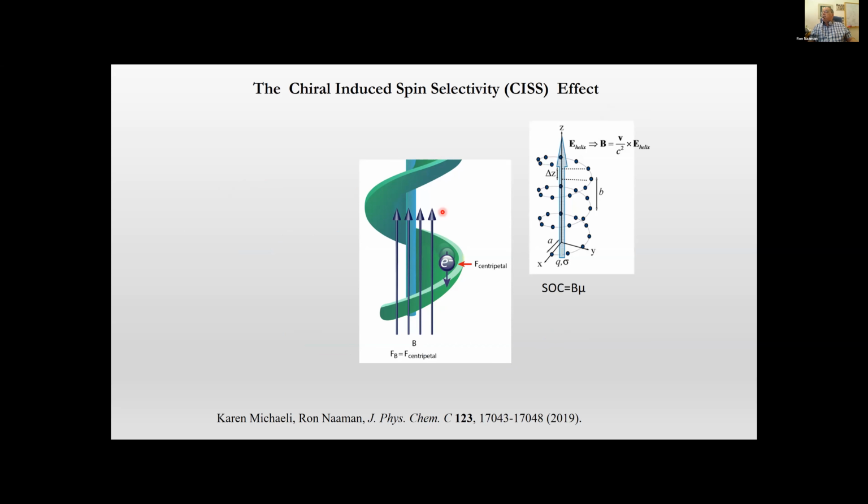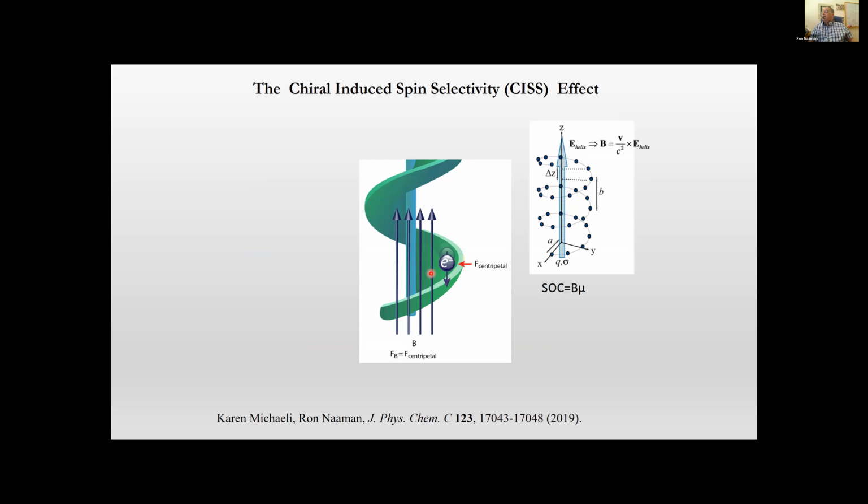And you realize that because of the curvature, there is a force acting perpendicular to the velocity of the electron. In the rest frame of the electron, this force is exactly like a magnetic field, like a Lorentz force. And therefore, one can consider in the rest frame of the electron as if the electron feels an effective magnetic field, which can act on the magnetic moment of the electron, on the spin.